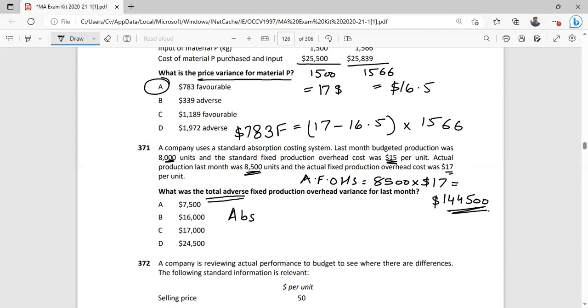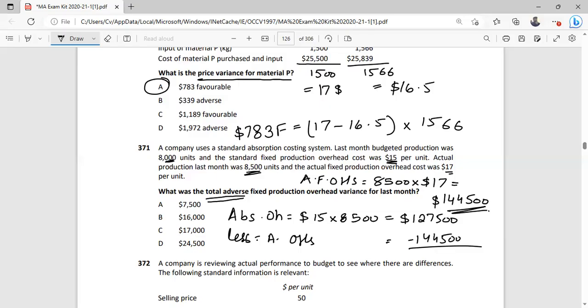We will calculate absorbed overhead is equal to OAR 15 into actual production units 8,500, which is 127,500 less actual overhead 144,500. So there is a variance of 17,000 adverse.